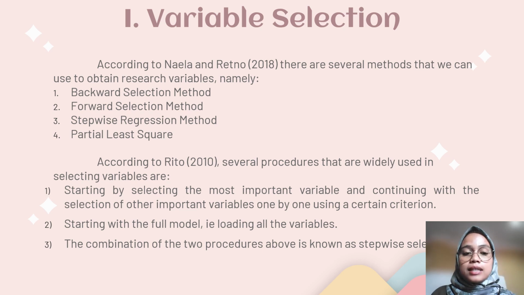And the last method is partial least squares. Partial least squares, or PLS, is a method for connecting a set of independent and dependent variables. PLS can handle many dependent and independent variables at once.